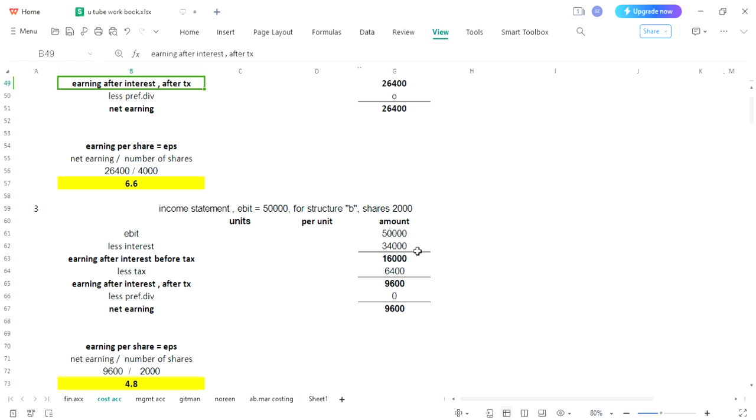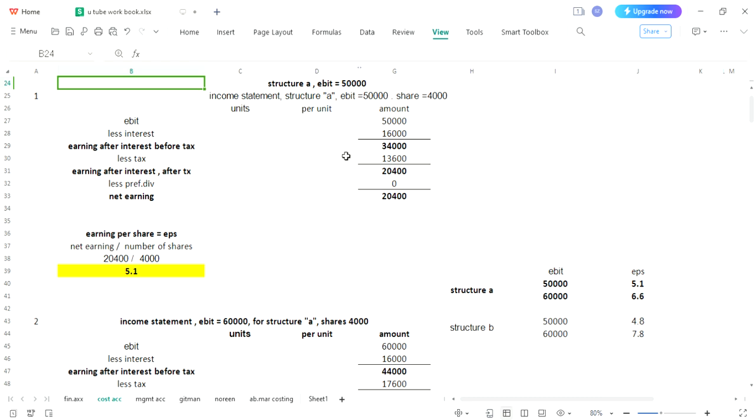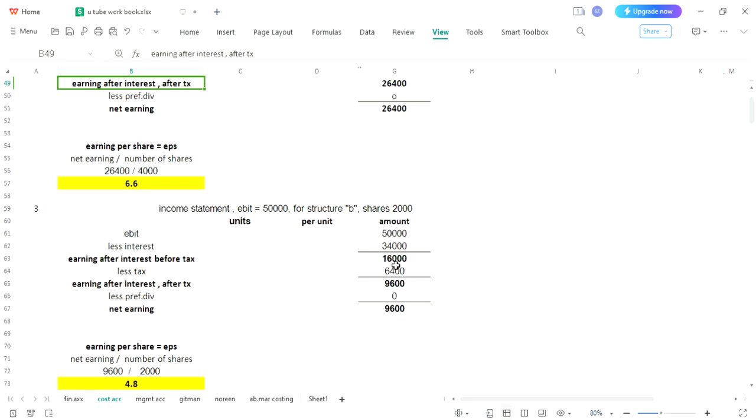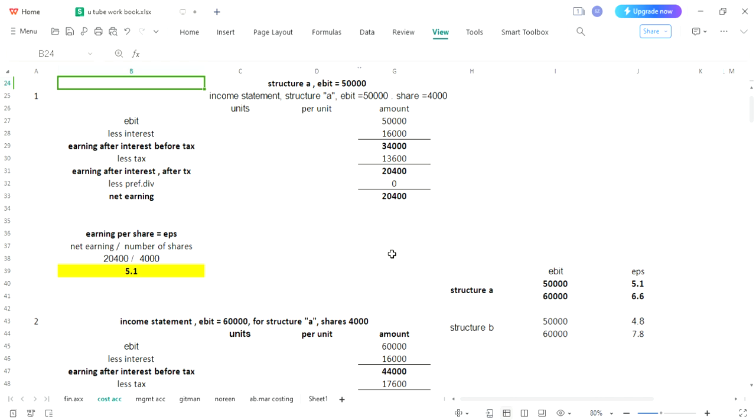So to achieve this fixed cost, structure B will require more payment as compared to structure A. Again, I'm giving you the same discussion. Look over here, the amount of interest of structure A is 16,000 and for structure B is 34,000. So 34,000 is more unfavorable as compared to structure A.